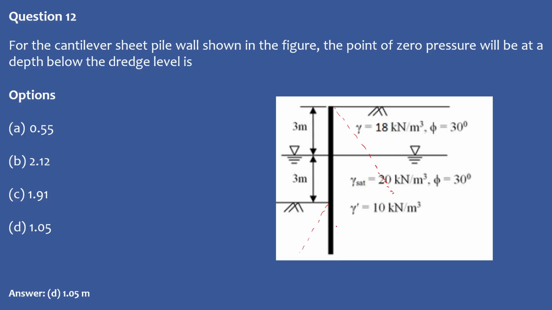You need to evaluate the equivalent force acting on the pile from this side of the soil, and then counterbalance both the forces and see the resultant point where these forces will be acting. Also you need to calculate the moment about that point, such that the moment coming from the force on the right hand side and the moment coming from the left hand side become equal. So let's solve this and understand that.